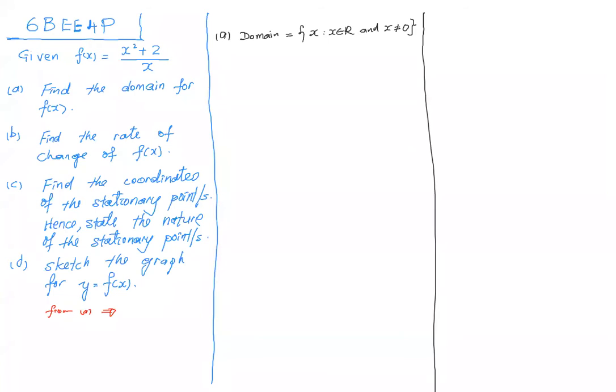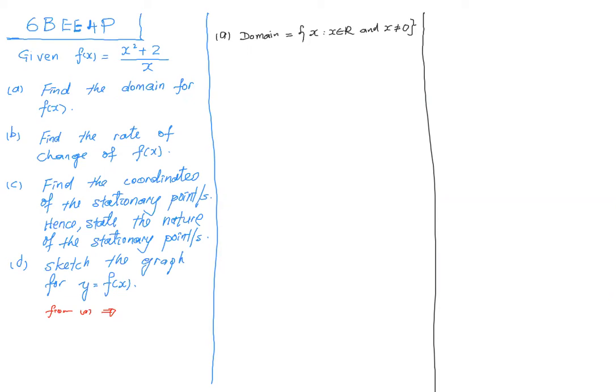Try. The graph doesn't touch the y-axis. Why do you say the graph doesn't touch the y-axis? Because X cannot be 0. Yeah, that means the graph is split into two parts.